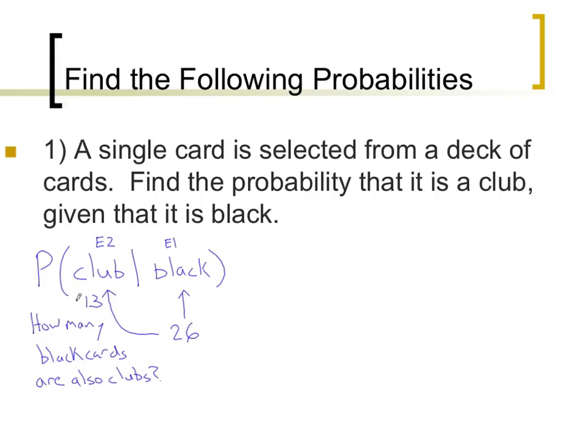And so this sets up our division problem for us. Another way we can think about it is if we take the number of black clubs and divide it by the number of black cards.